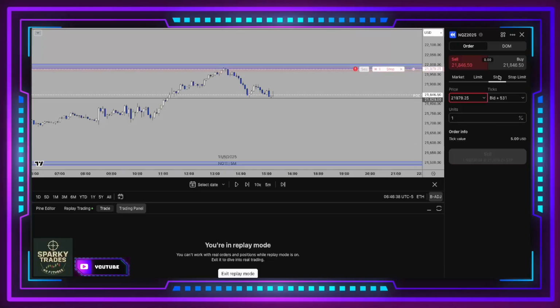Why don't it give me the... They changed this? Sorry, I don't trade on TradingView, so you used to be able to drag out stuff here. Anyways, that's a massive move. That's a lot of money. That's Christmas presents right there.